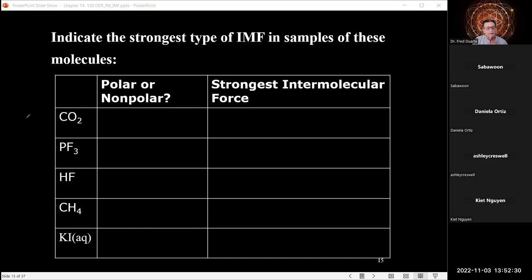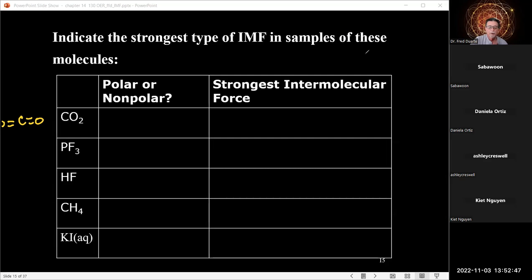Remember that general formula. We ended up with a nonpolar molecule, which means that it is nonpolar. Therefore, automatically, all you need to know is that it is a London dispersion force.